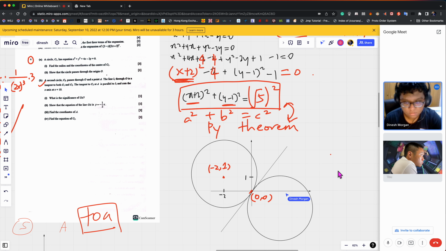So 20 divided by 2 and a half, which is 8. x is 8. Oh wait, that's just the x coordinate.